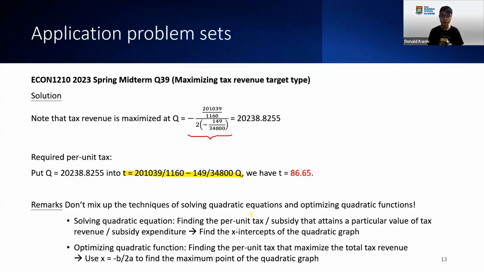Whereas in this problem, where you are finding the per unit tax that maximizes the total tax revenue, then you're actually finding the maximum point or the extreme point of the quadratic graph using x equals negative b over 2a. So make sure you can differentiate under what situation you are solving a quadratic equation and optimizing a quadratic function.